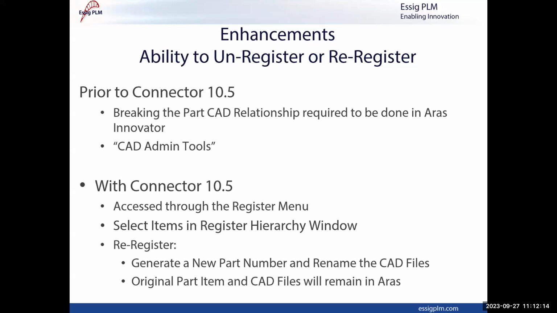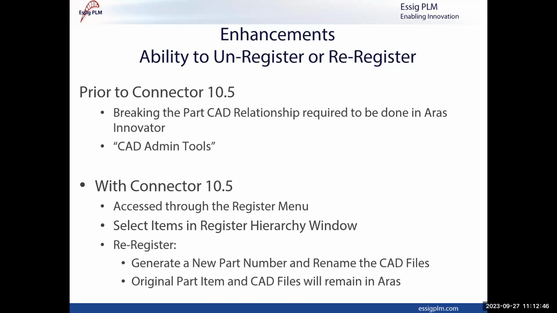What re-register does is, I identify the item or the whole hierarchy, and then I say re-register. Think of it as setting everything back to the beginning, to unregistered, everything is green. I can now set my production connector project and give everything production part numbers. It will leave all the pre-production information and the stuff that I previously had.